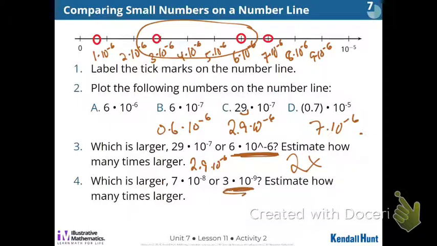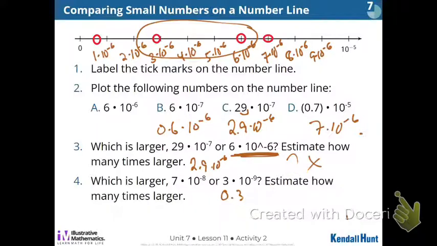This one is divided by 10 again, so it's another decimal away. Negative 9 is divided by an additional factor of 10. Which means, if I want to go to 8, this would be 0.3 times 10 to the negative 8. That might be an easier way to think about it if we get an answer.